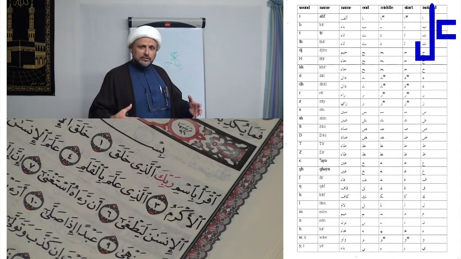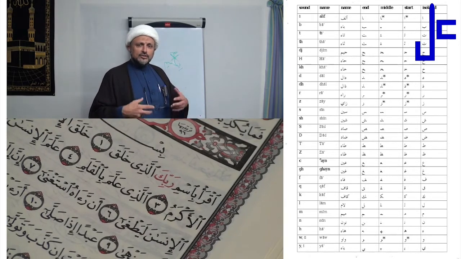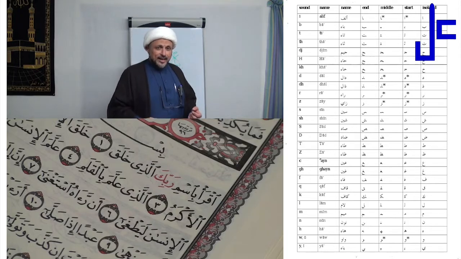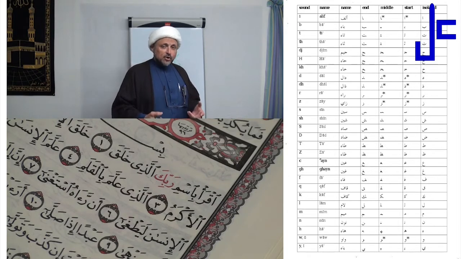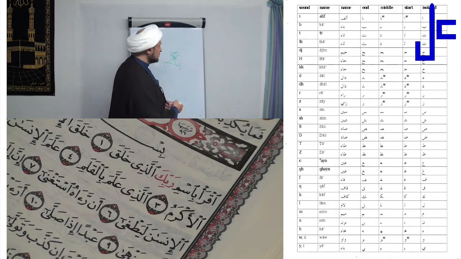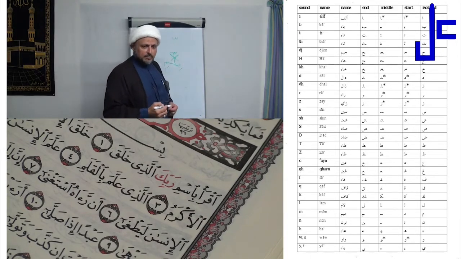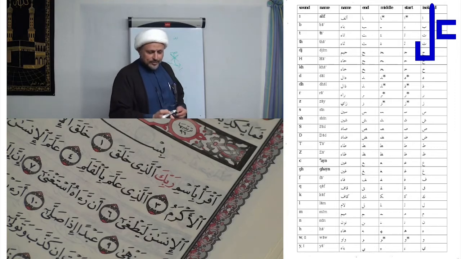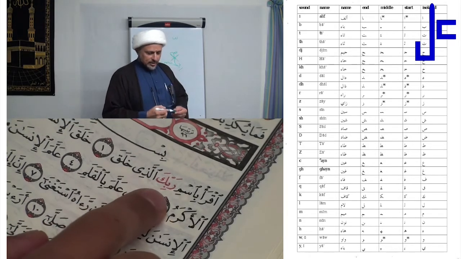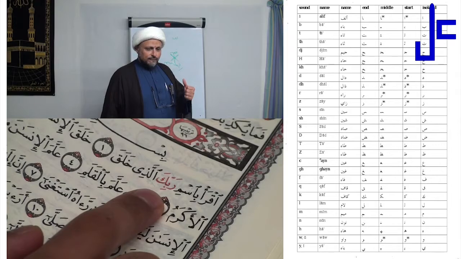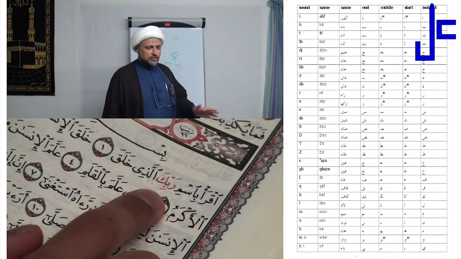So we have three long vowels and three short vowels. And then shadda, if you remember our previous sessions, shadda is double. So this is like two bars here. One will have the vowel sign, one will have the sukoon.